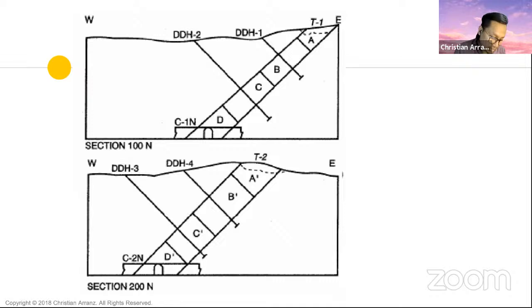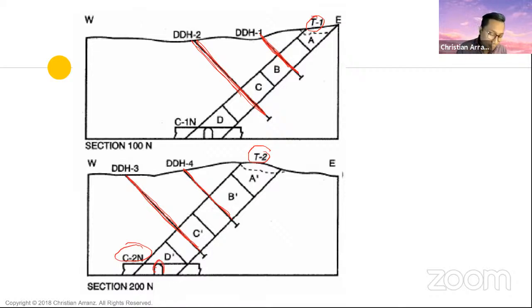So ang drill holes niya dito ay ito, si DDH1, DDH2, si DDH4, DDH3, tapos meron siyang samples na nakuha, si T2, si T1, saka si C2N. Si C2N may mine na daw kasi sa ilalim, kaya nakakuha siya ng samples sa C2N. Okay?